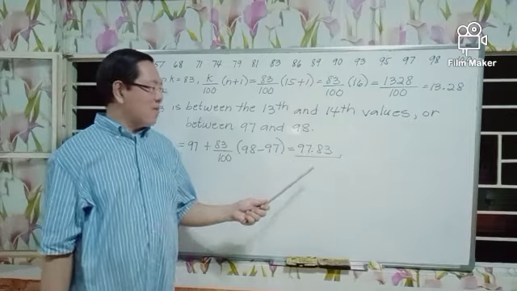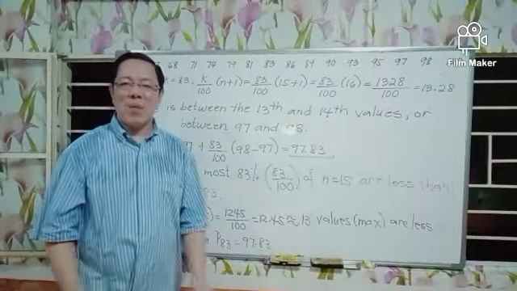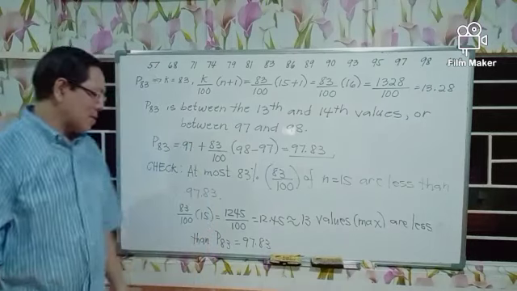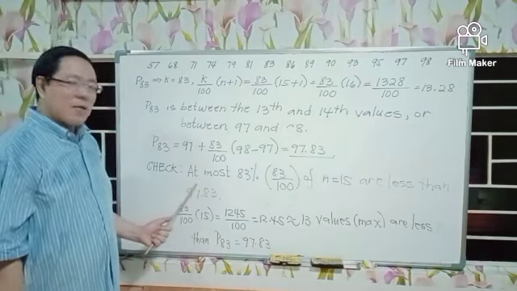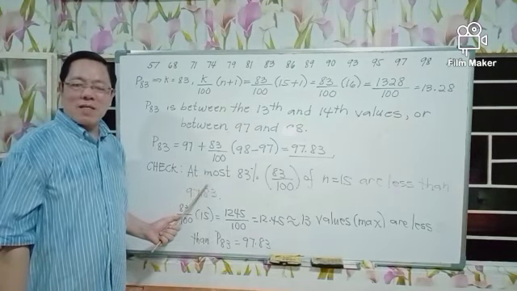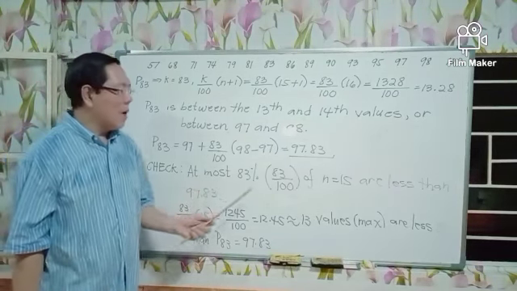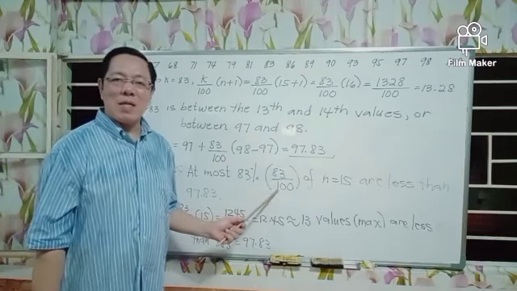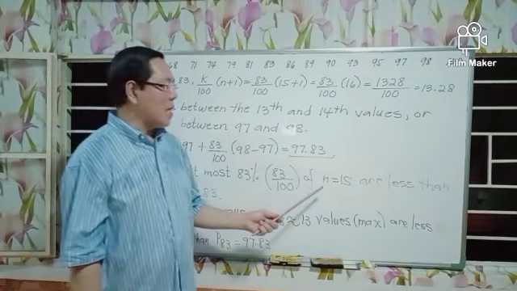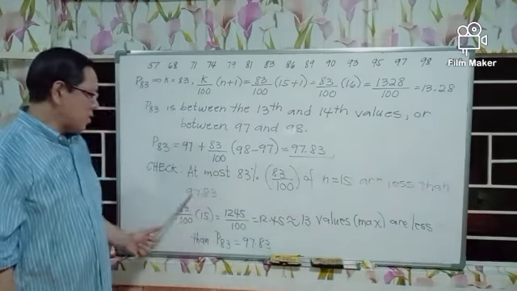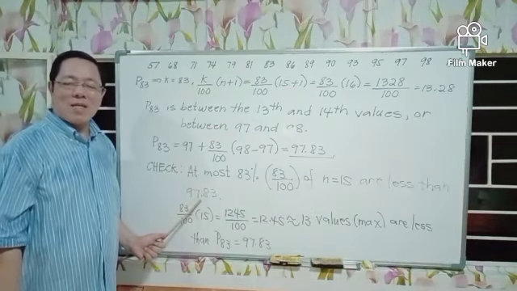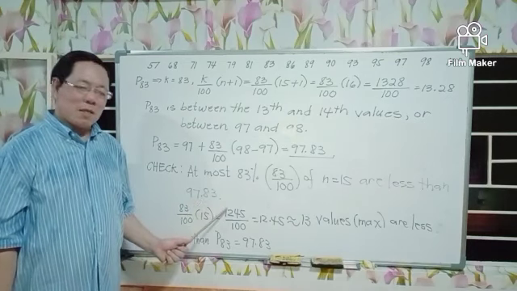Now we check if this is correct. To check if our value of the 83rd percentile, 97.83, is correct, this condition must be satisfied: at most 83%, or 83 over 100, of the sample size of 15 values are less than the value of the 83rd percentile, 97.83.